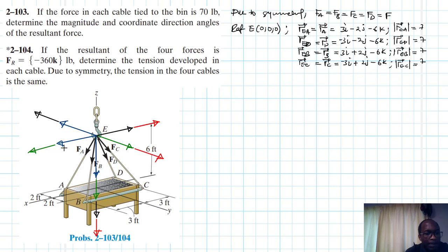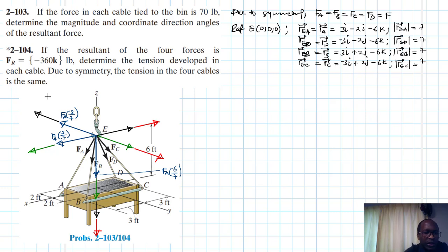Let's label them. So for this one it is FA times the run along that direction, which is just a 3 divided by a 7, right? And then this one will be FA along that direction, it is a 2 divided by a 7. Okay, and then this one is FA, that's a 6 divided by a 7.